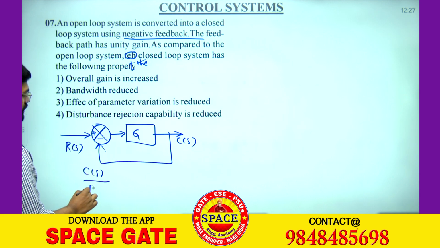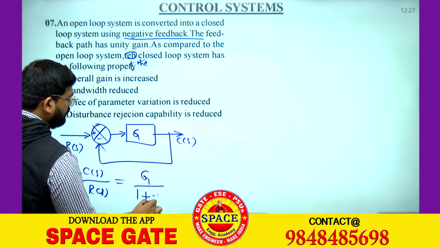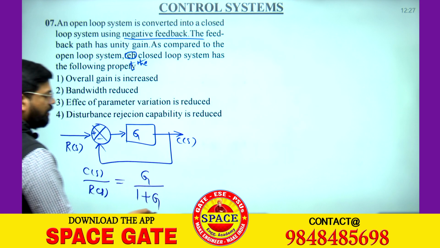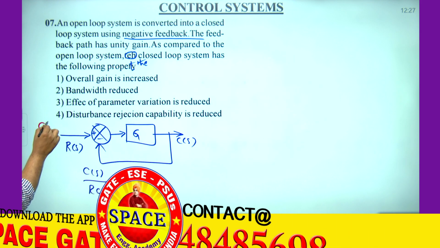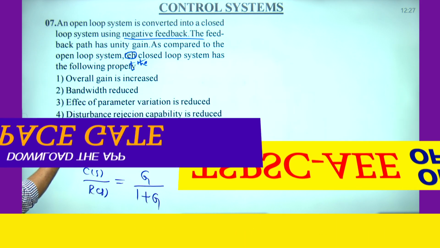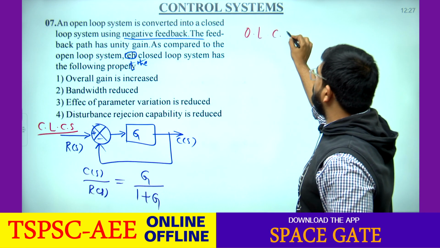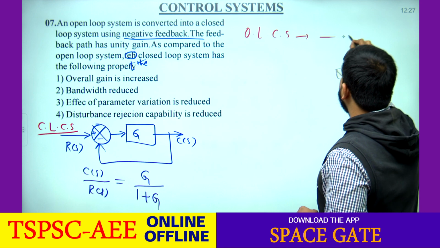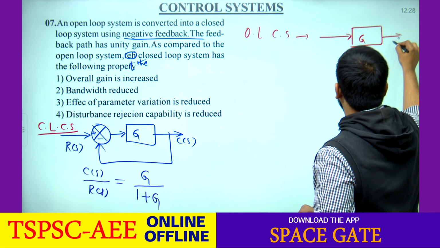This is the reference input R of S and this is the control output. So, what will be the result? C of S by R of S will be equal to Z by 1 plus Z. This is the closed loop control system, right or not? What is the open loop system? Open loop control system means simply we have G, with no feedback.